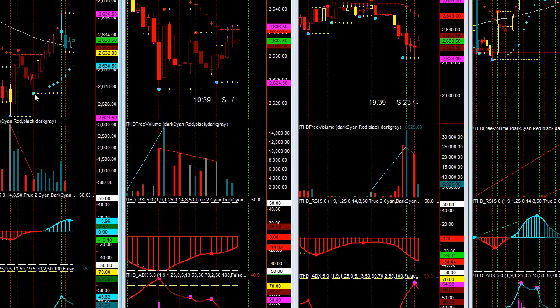So it's not giving us volume divergence right now. You can count it against this one here, but it's too close. I don't like that. I'd really like to see it come down, but because of what's happened on the 720 and the 180, may not get that entry. We'll see here.